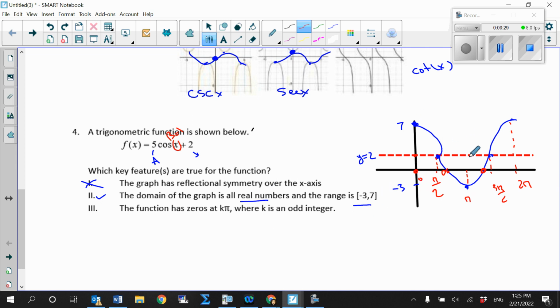Anyway, as you see, the zeros are somewhere between pi over 2 and pi, or somewhere between pi and 3 pi over 2. They are not multiples of pi, because this is saying the zeros could be at k, an odd number, at 1 pi, at 3 pi, 5 pi, and so on. But as you see, the zeros are not any of those points. So this one is wrong.